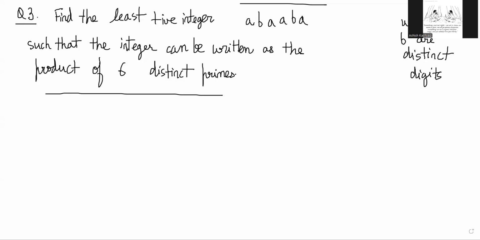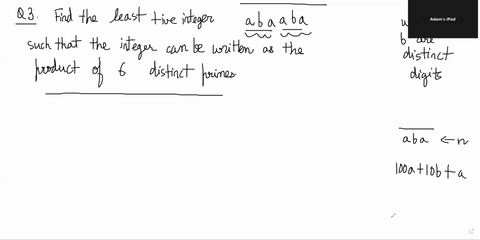Think about the structure of this number. I think it is like ABA twice. If you look at a 3-digit number ABA and call this N, then this is 100A plus 10B plus A, right?